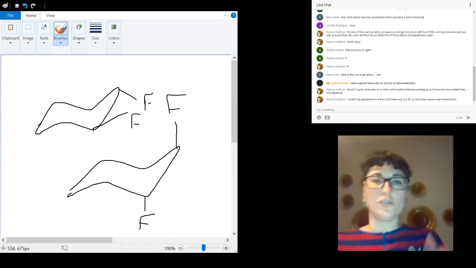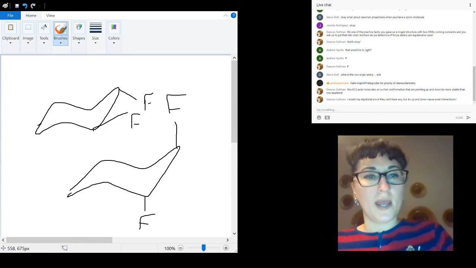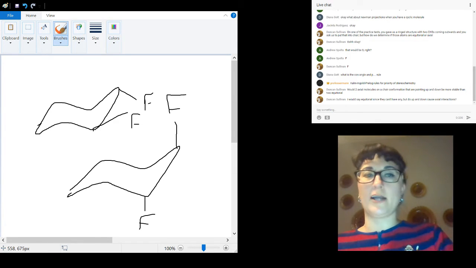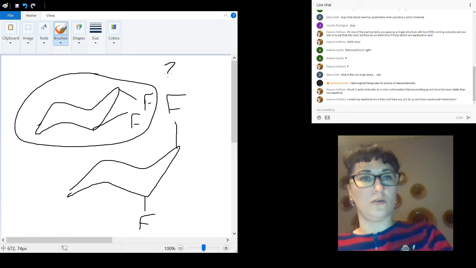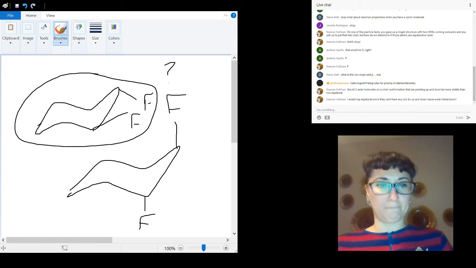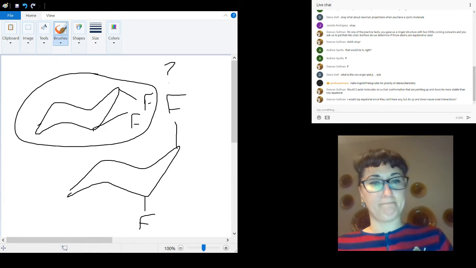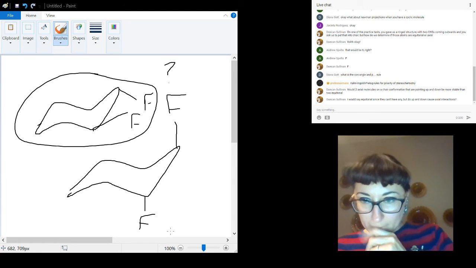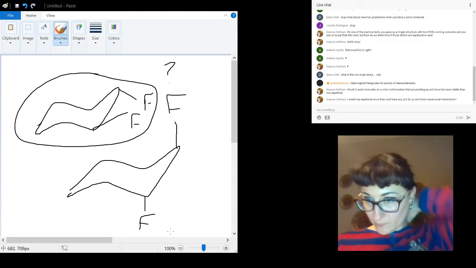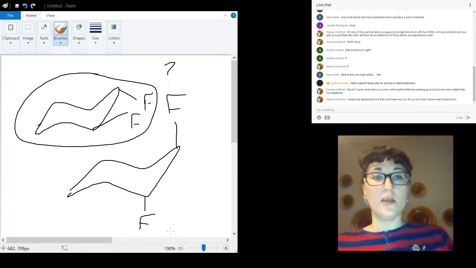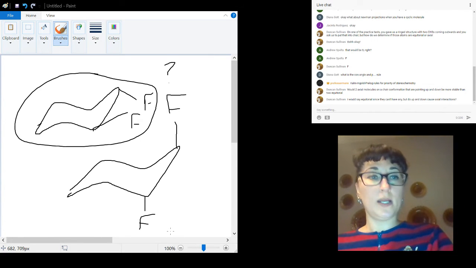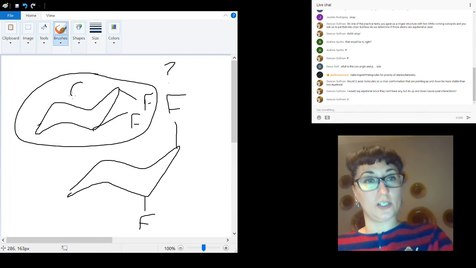All right. So if we count these two examples, how many 1,3 diaxial interactions are on this one here? That is the question. Right. So in the equatorial position, this one has 0 1,3 diaxial interactions.